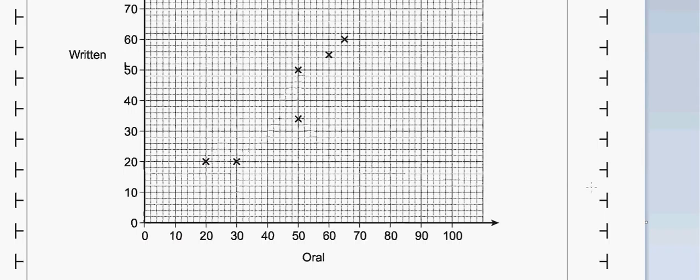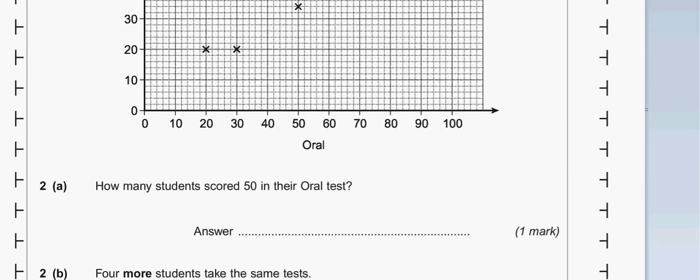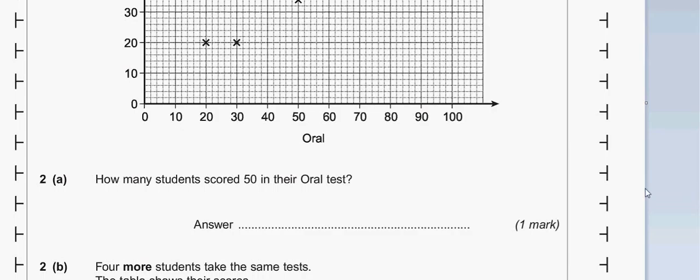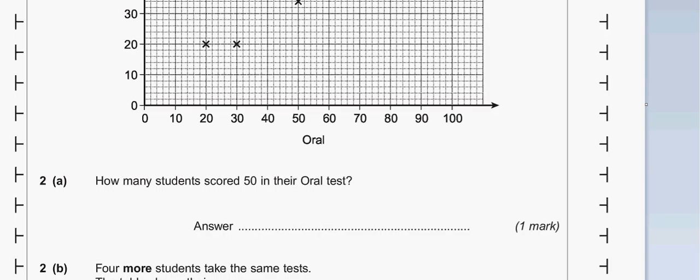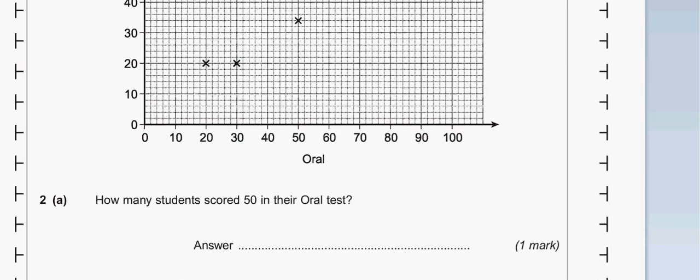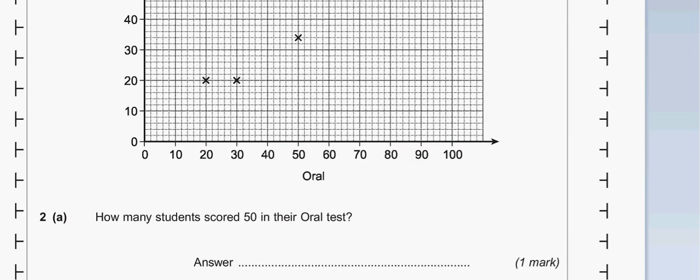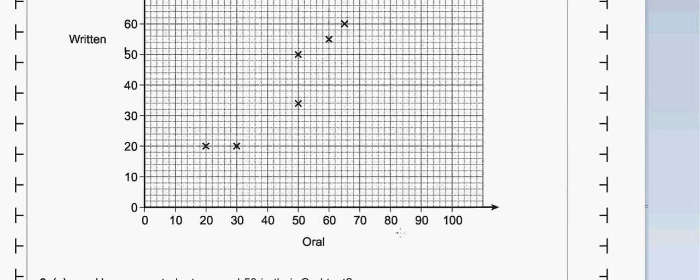So the first question: how many students scored 50 in their oral test? Here, if we go to 50 in their oral test, we have one student that scored 50 and then another student that scored 50.